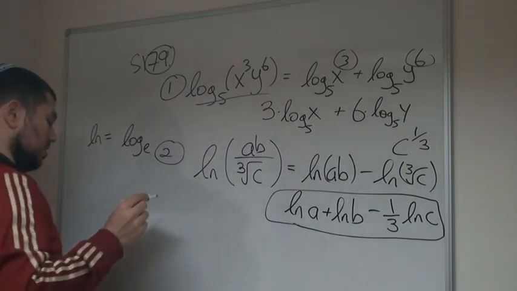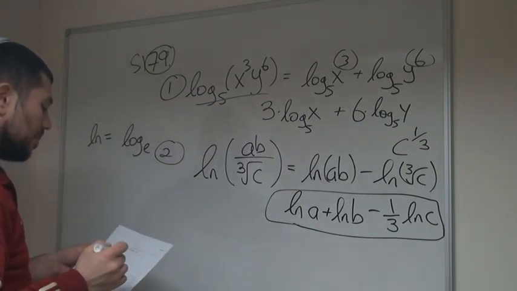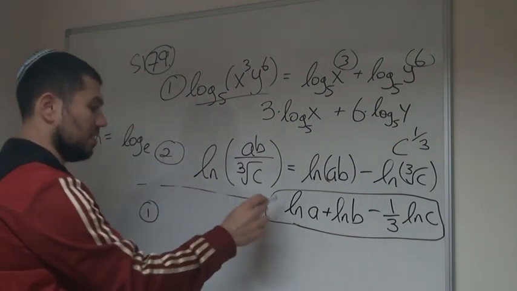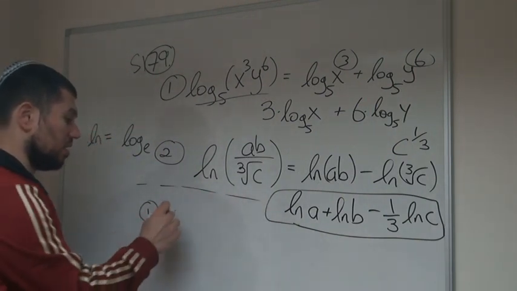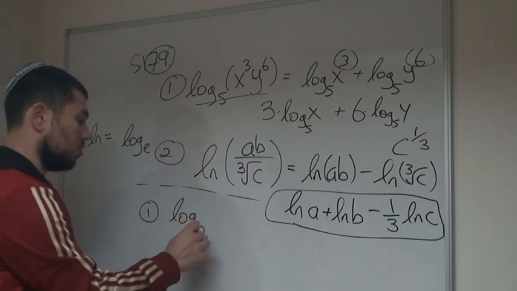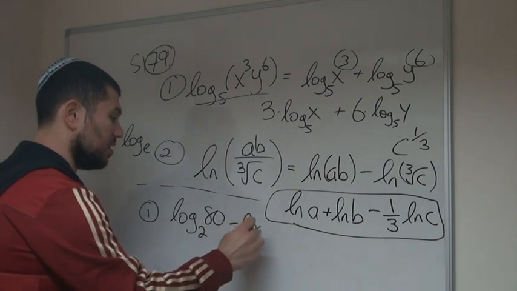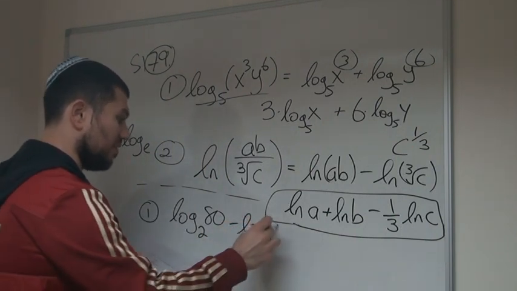Combining log expressions. So the first example with combining log expressions, I had another example 1, but this is now combining, it's working in reverse. Log to the base 2 of 80 minus log to the base 2 of 5.